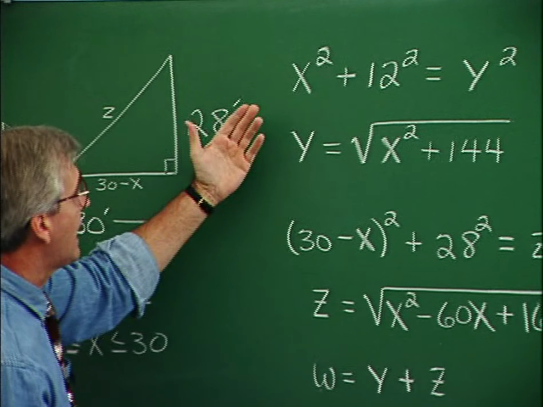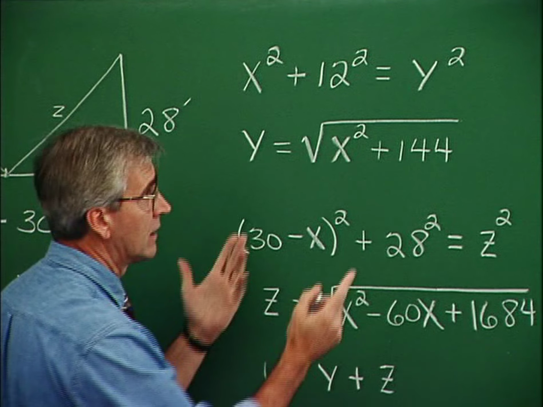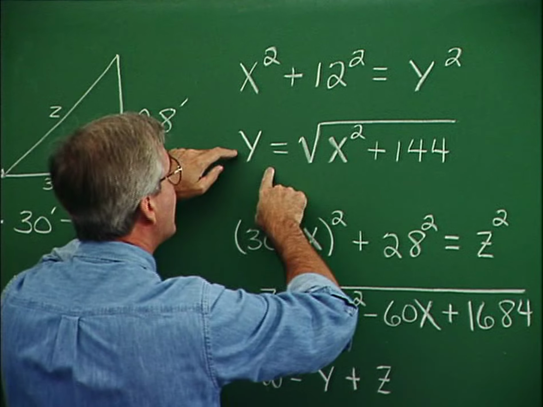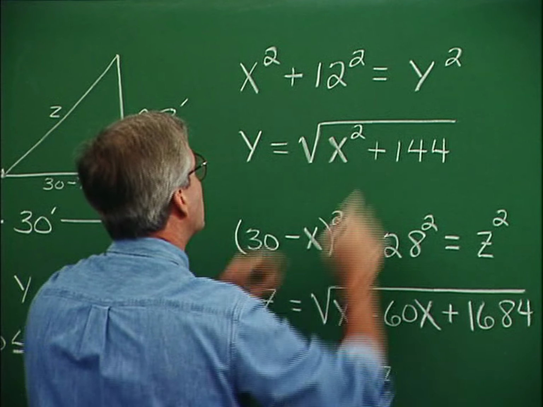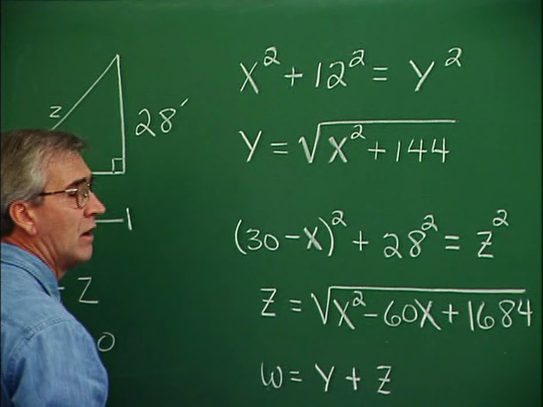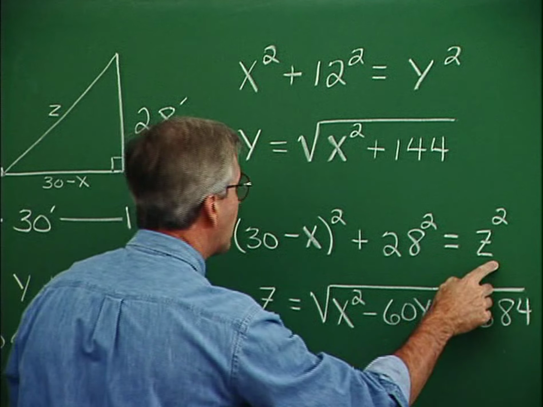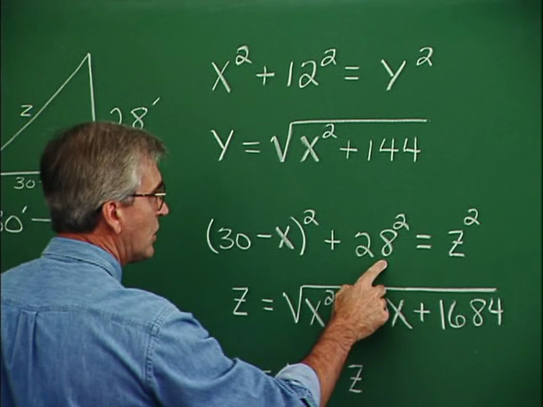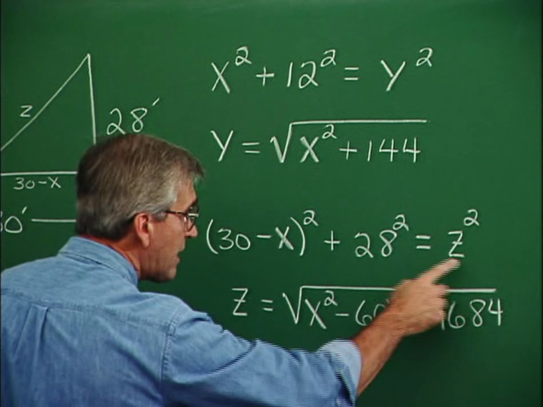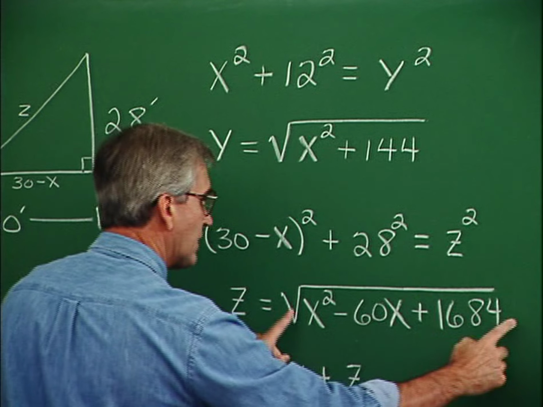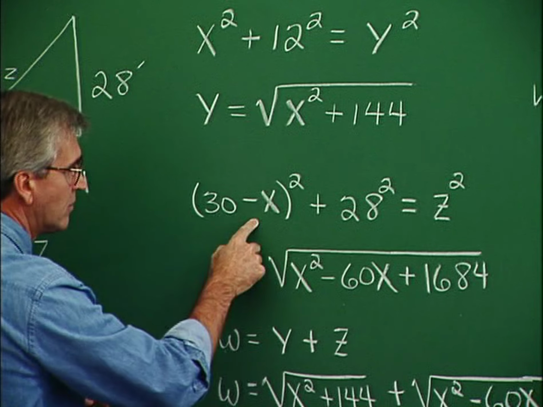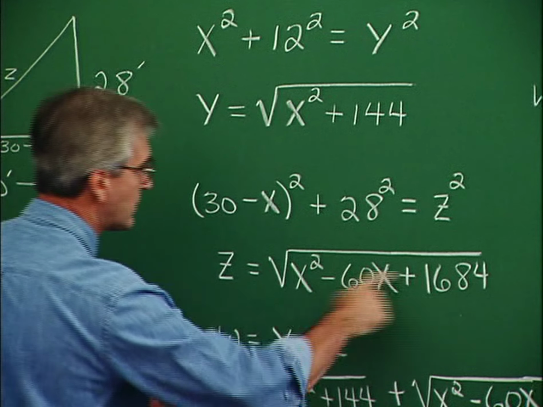So for the left side little right triangle, y squared is x squared plus 12 squared, or y then is the square root of the sum of those two. And for the z distance, z squared is that binomial (30 minus x) squared plus 28 squared. And z, therefore, is the square root of all of this expression, and I've cleaned it up a little bit. I've just expanded this multiplication and collected like terms to get this.